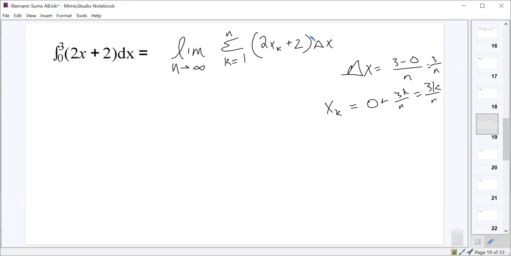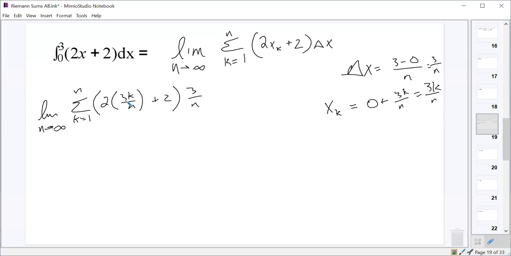So now we need to replace all of that in our limit and our summation. So this ought to become the limit as n approaches infinity of the sum from k equals 1 to n of 2 times 3k over n plus 2, all times delta x, which is 3 over n. Good or no? Yeah. All right. Our 2 times our 3k over n is 6k over n.